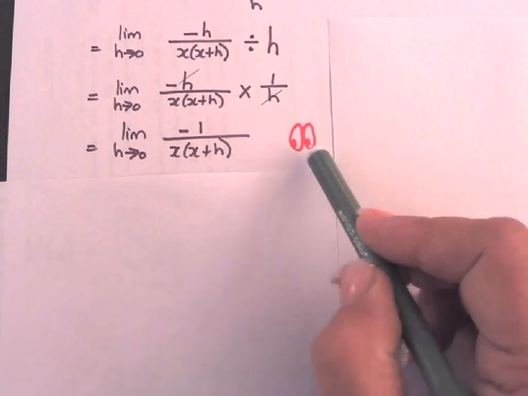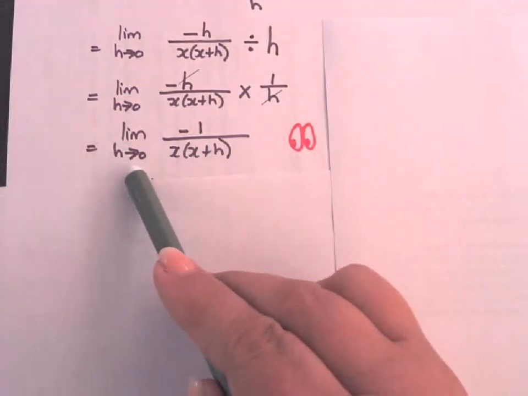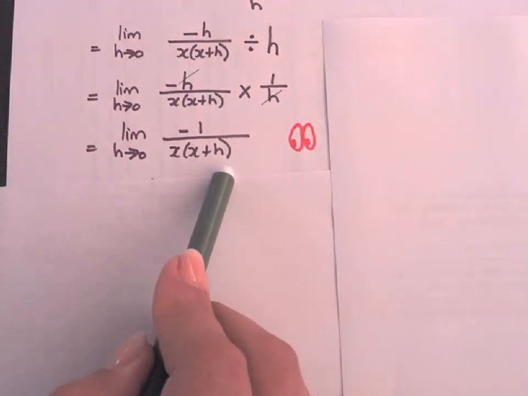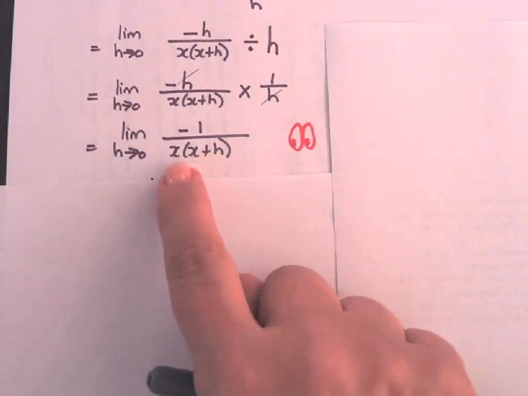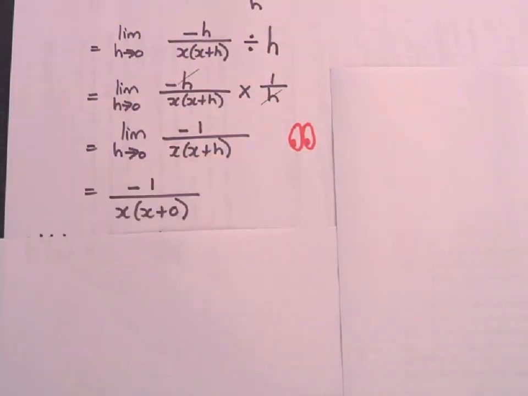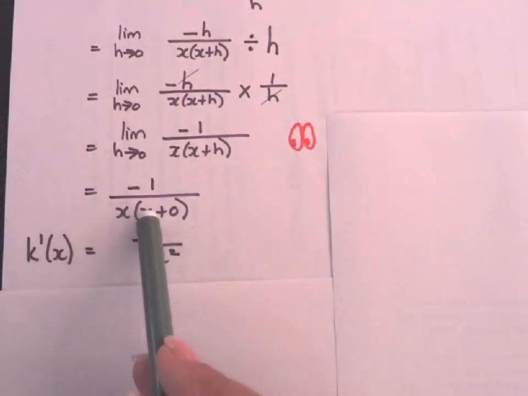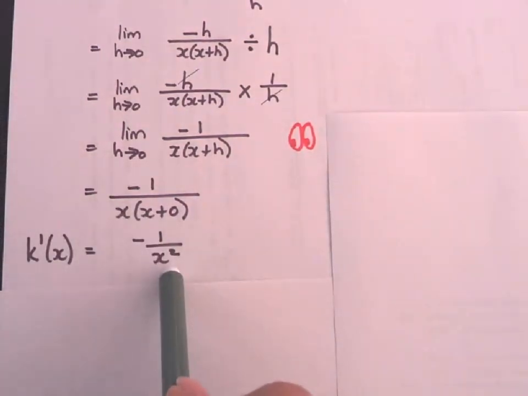Now we look at the denominator to see if we can substitute h as 0. Can I? Yes, I won't get an error. So it becomes x times x plus 0, and that will be minus 1 over x squared.